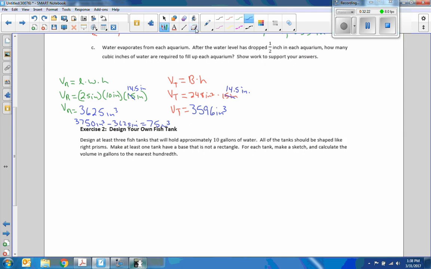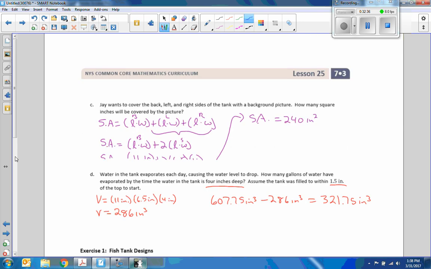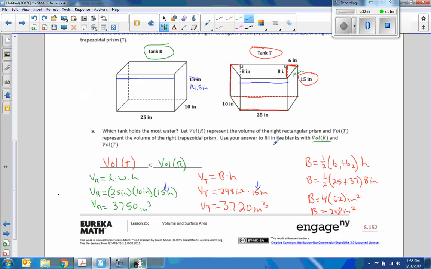This one, right? 3,750 minus 3,625 is 125 inches cubed. If I go back and look at the volume of my original trapezoidal tank, it was 3,720.